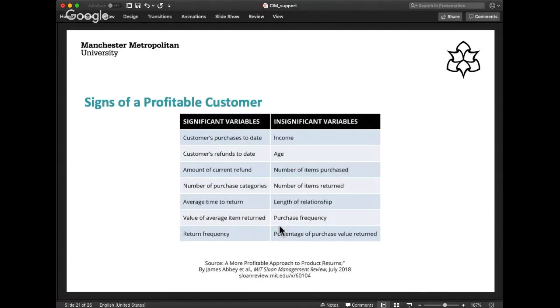So when we actually thought about this earlier, I said you need to actually think about what data you're going to collect and what data you would need to know on your customers. And when you do that, I would ask you to consider some of the signs of a profitable customer.